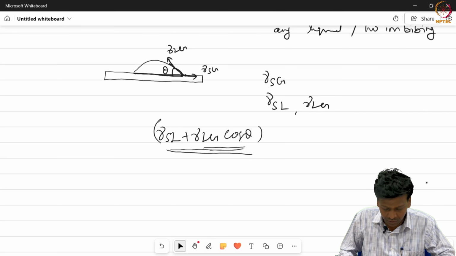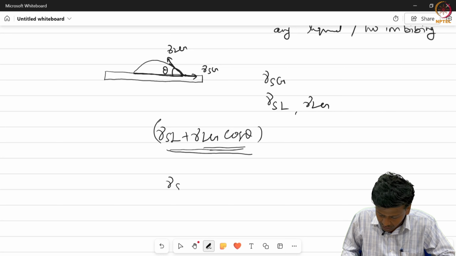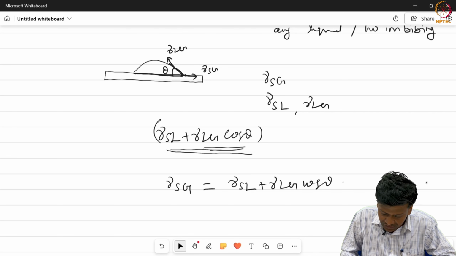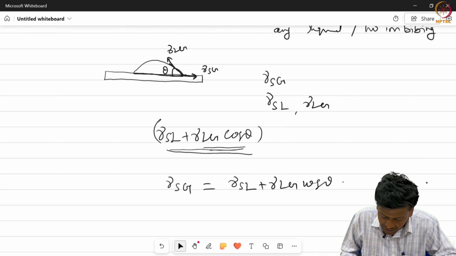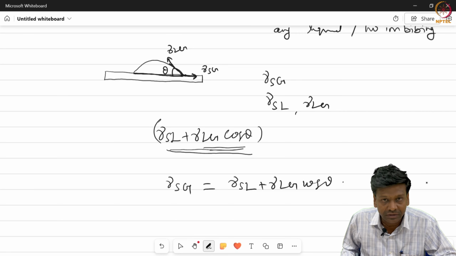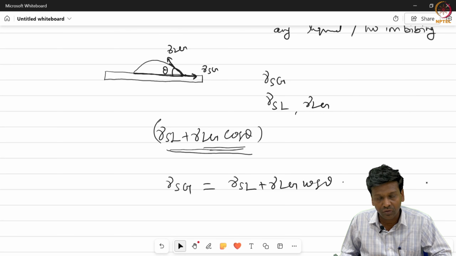an equation at equilibrium. What will happen is both these counteracting forces balance each other. So you will get gamma SG equal to gamma SL plus gamma LG cos theta, because gamma SG is acting in the positive x direction, whereas gamma SL and gamma LG cos theta act in the negative x direction. So at equilibrium, both should be equal.